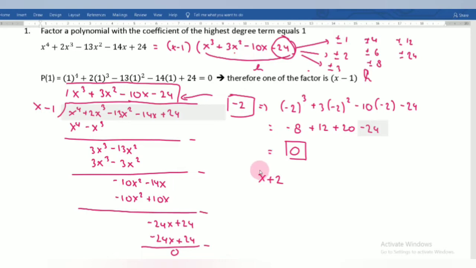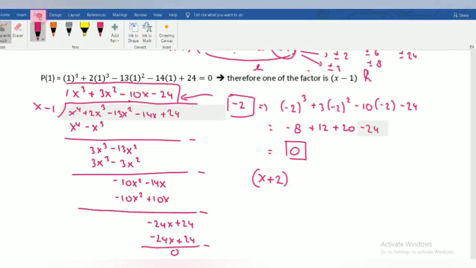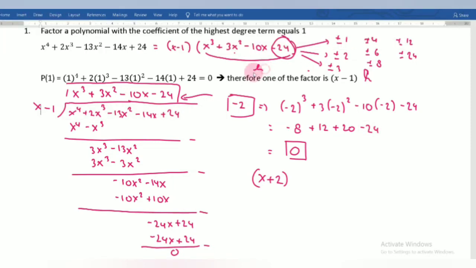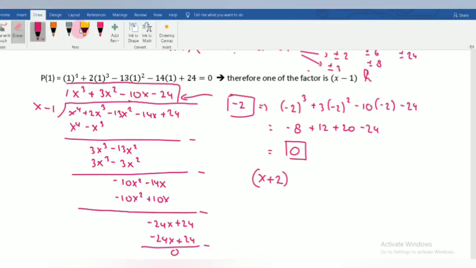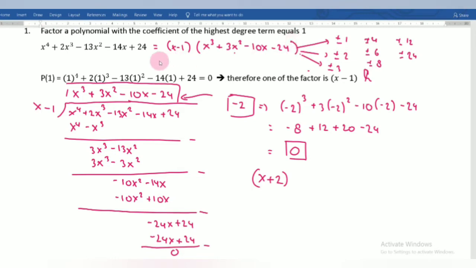Since we know x plus 2 is one of the factors, let me just erase this. I'm sorry for the mess here. So actually we can say that it will be x minus 1 multiplied by x plus 2 multiplied by, let's just say c, since we have already factored this one, right?